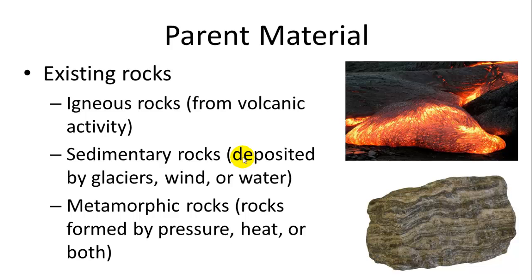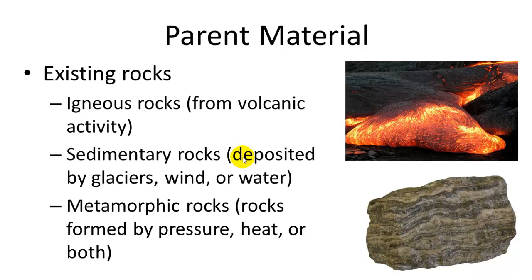So parent material can largely determine what the soil is going to be composed of. There are three different types of rocks which parent material can be. It can be igneous rock, which is from volcanic activity, so the formation of new rock. Generally, igneous rock gives a very, very fertile soil, because all those minerals coming from the center of the Earth provide many nutrients important for plant growth.